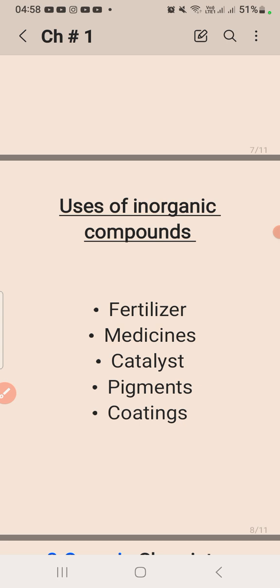Pigments that are used for colors in paints and inks and many other things are also the product of inorganic chemistry. Coatings like paints and varnishes are also the result of inorganic chemistry. So inorganic chemistry is studied because it is used in many daily life materials.